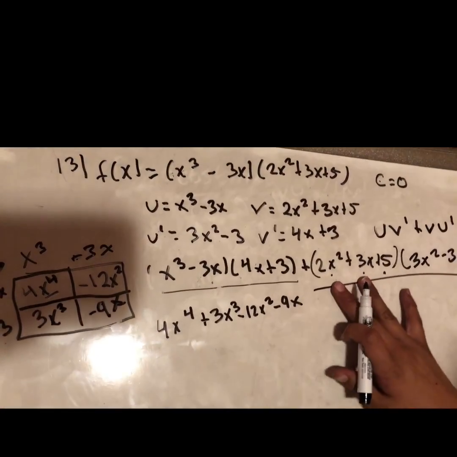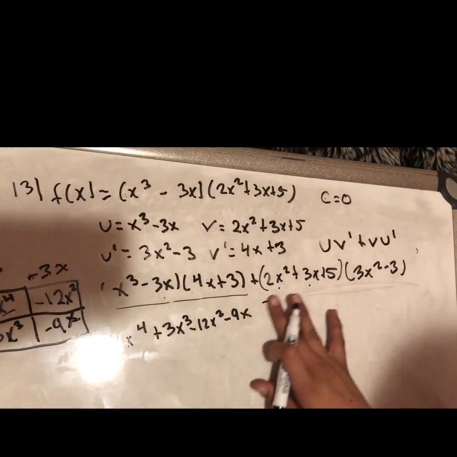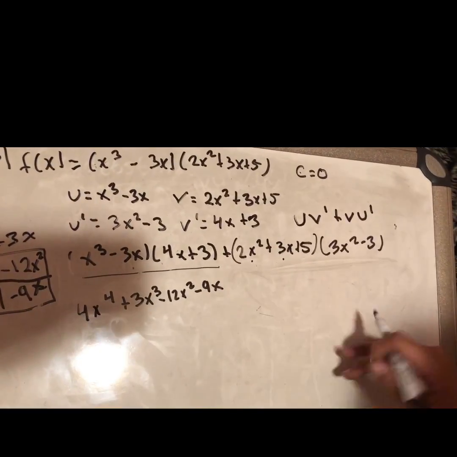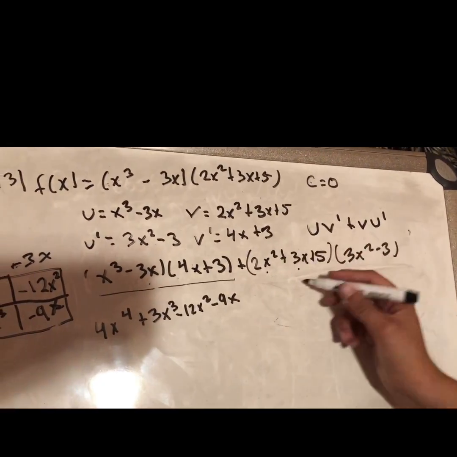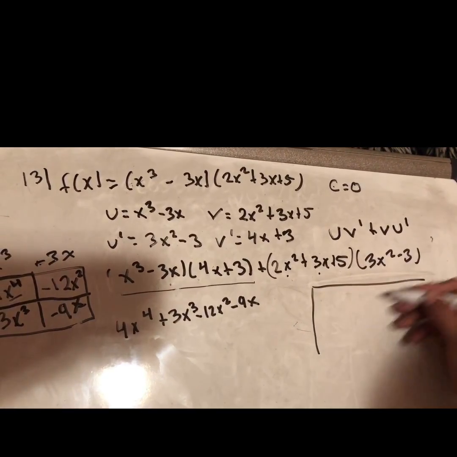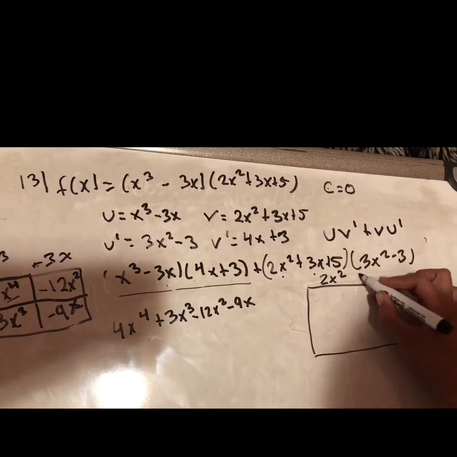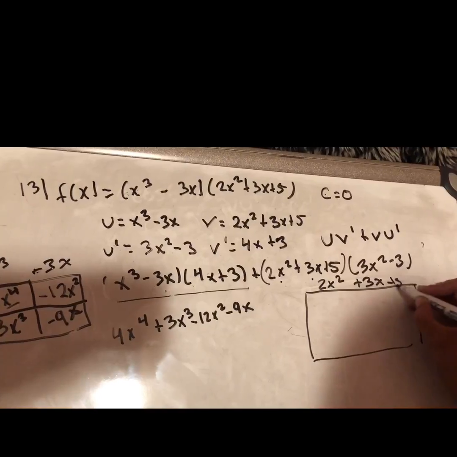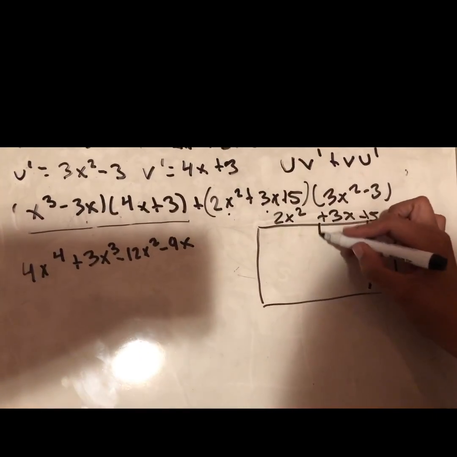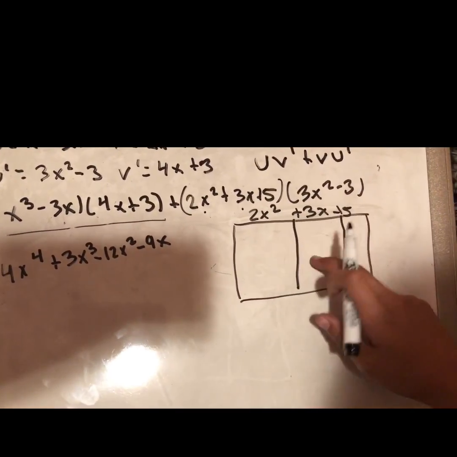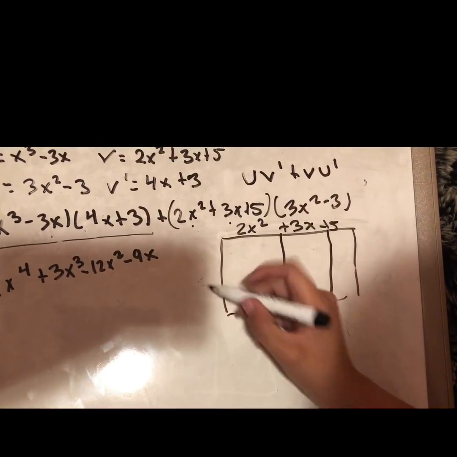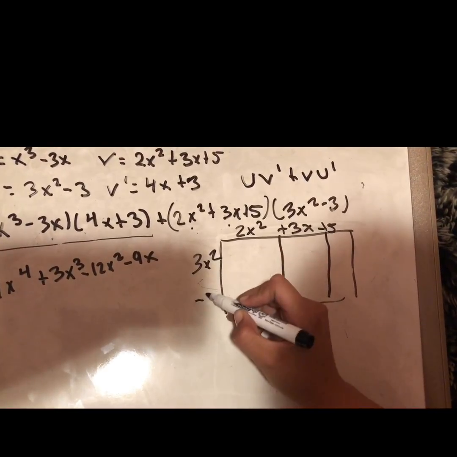So now you would do the same with these expressions, but since this one's longer, you would put that one in the top right. So it would be 2x squared plus 3x plus 5. So there are going to be 3 squares going down, 1, 2, 3, but this one still has 2, so you would still do 2 for this side.